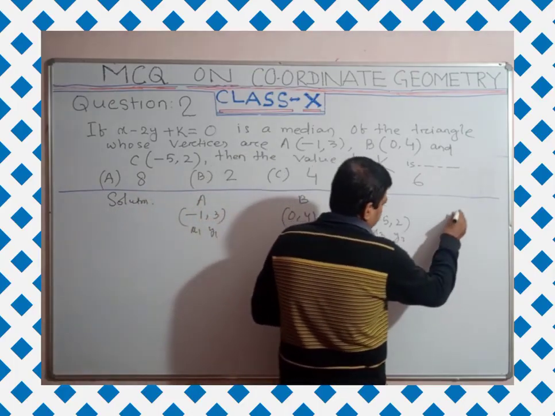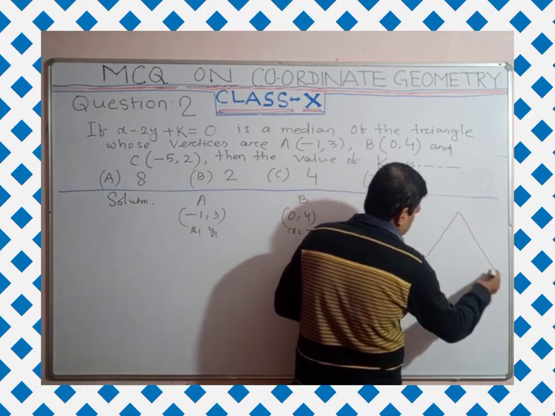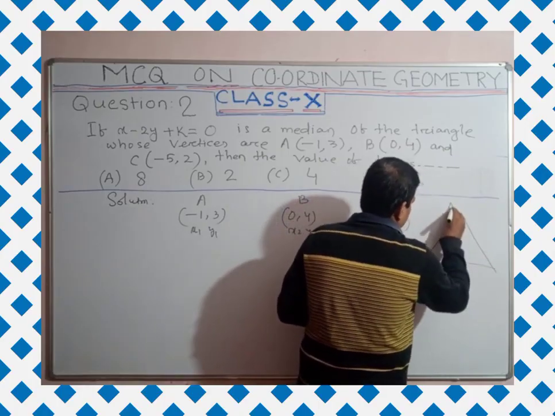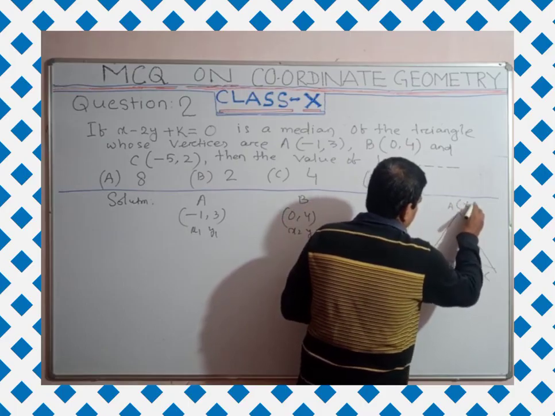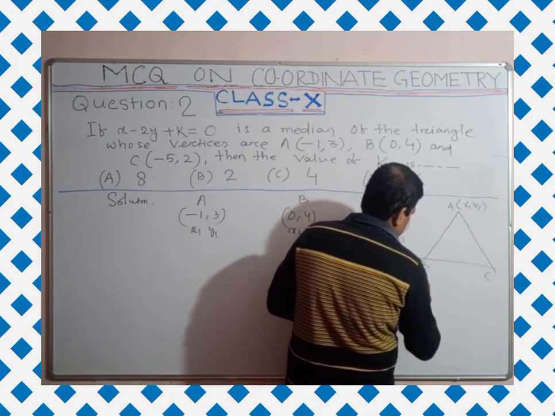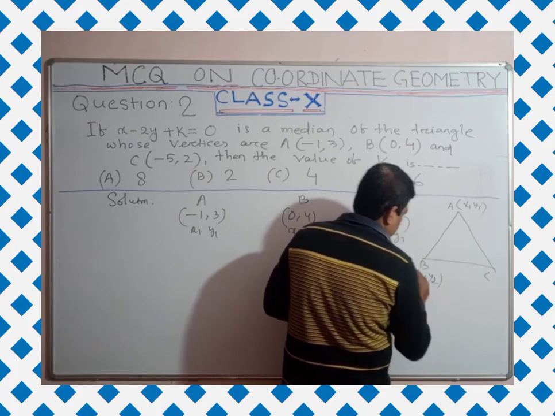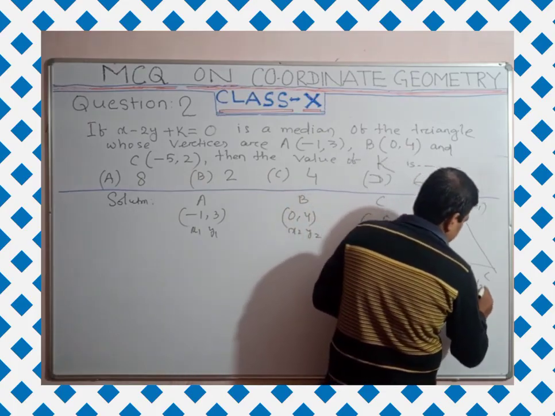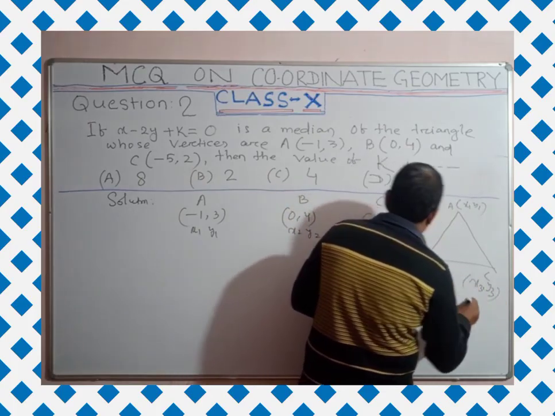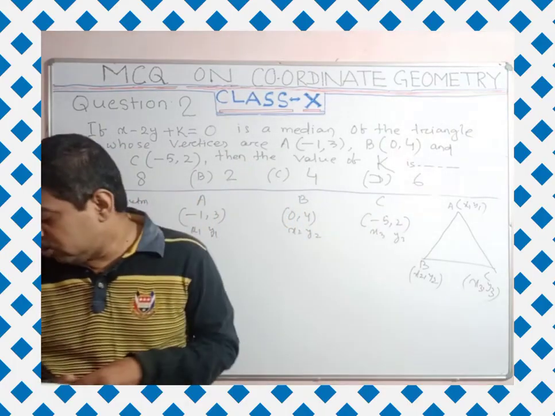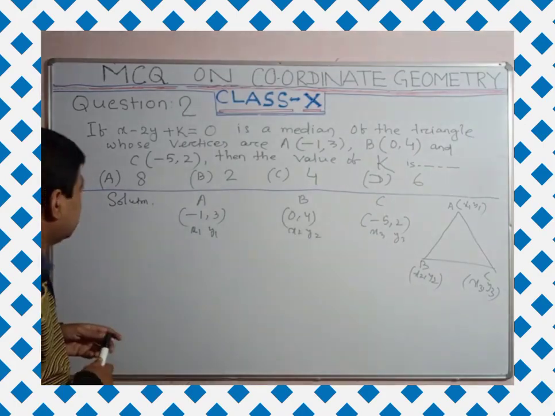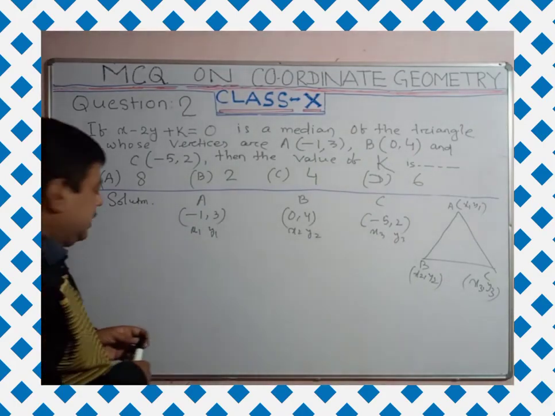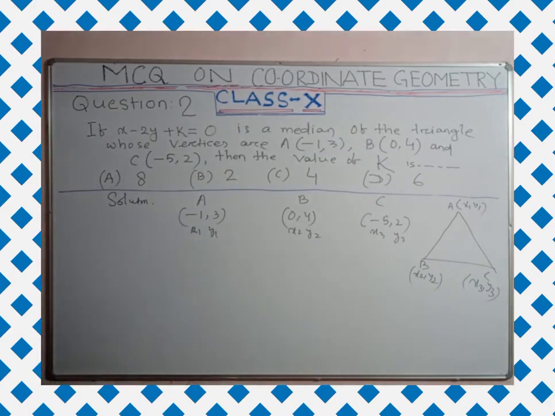These are the three vertices of the triangle. Is it clear? So we have to find out the centroid, because the median of the triangle is given, and we know that the centroid of a triangle lies on the median.